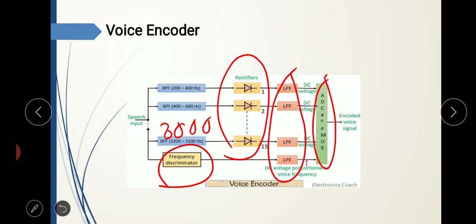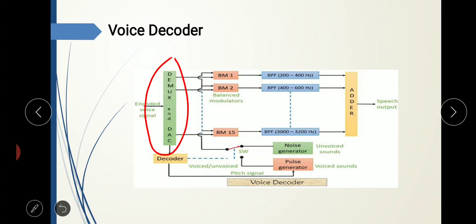The functions of this block, what are the functions? Multiplexing, analog to digitally conversion, these are the function of this block, and this block perform exactly the reverse operation of the previous block present in the transmitter section, means encoder section.